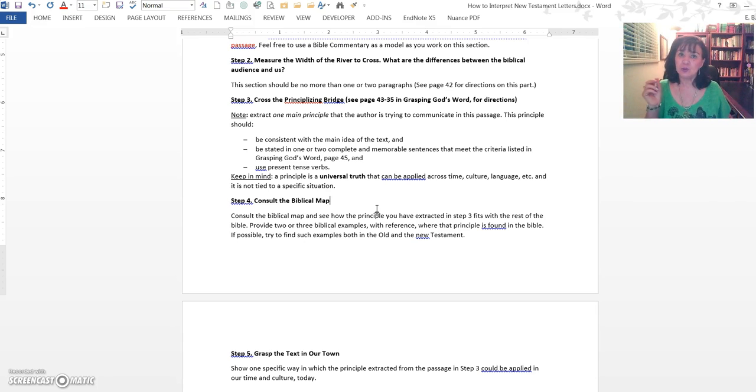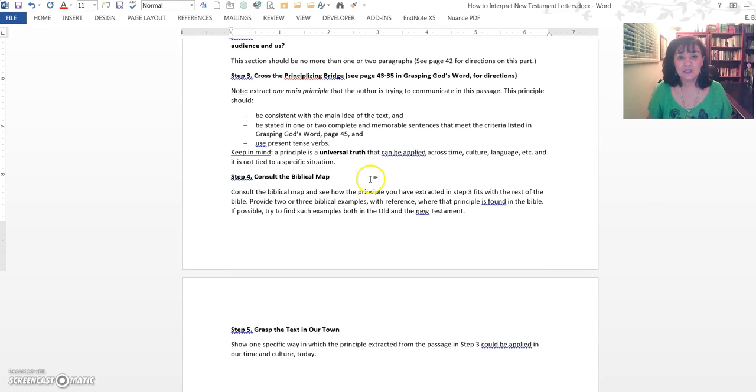You may want to give 2 or 3 examples of situations or passages where that principle is being expressed or revealed throughout the Bible. You may want to choose some examples from the Old Testament, some examples from the New Testament, maybe even some specifically as they come out of Jesus' teaching.